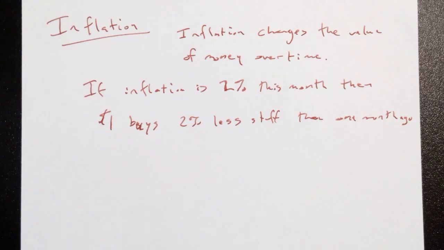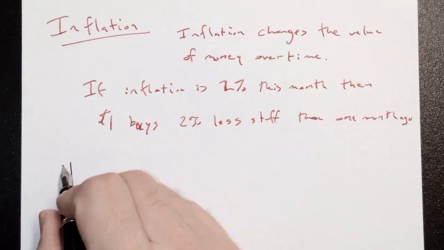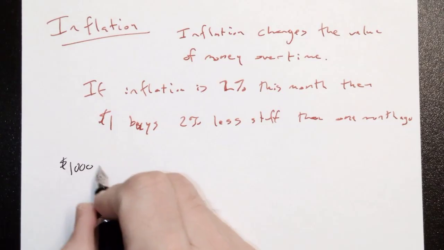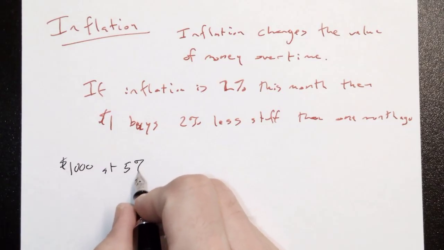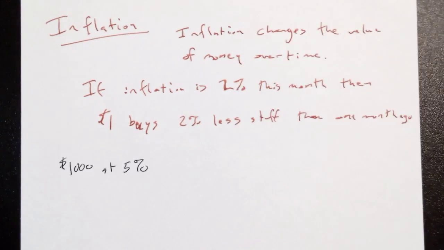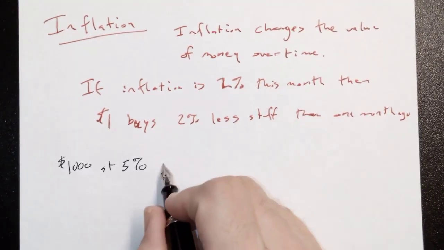So let me think about this. How do I determine what I really made? Let's consider a simple investment. I'll make a nice, easy investment. I invest $1,000 at 5%. I'm going to make this compounded annually.